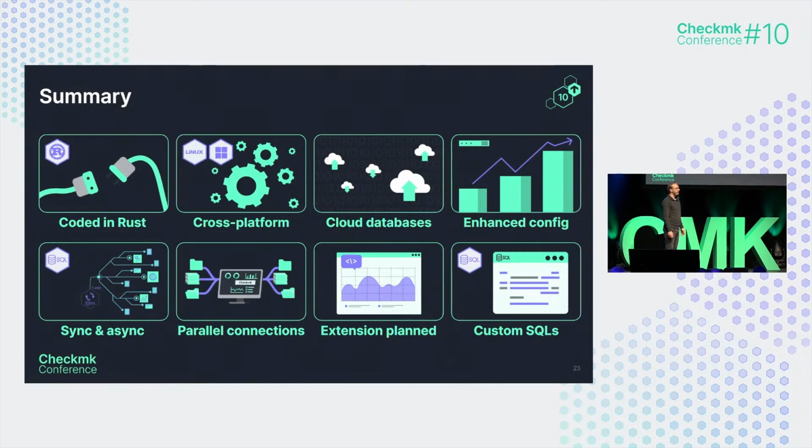You can monitor databases locally in your internal network and even in the cloud. The configuration options have been massively enhanced using the experience gained from all our other database plugins. You can now cache long-running SQLs to improve the performance of your plugin. And if you're fetching several databases with one plugin, you may call them in parallel to save even more time.